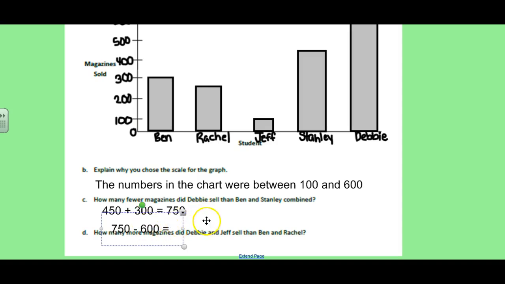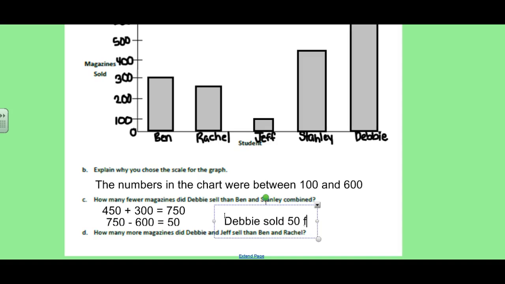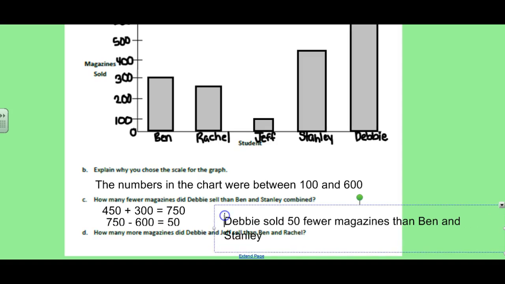I know that whenever I have 700 and I take 600 away from that, that leaves me with 100. So when I subtract that from 100, then that leaves me with 50. So the answer for the sentence is: Debbie sold 50 fewer magazines than Ben and Stanley combined.